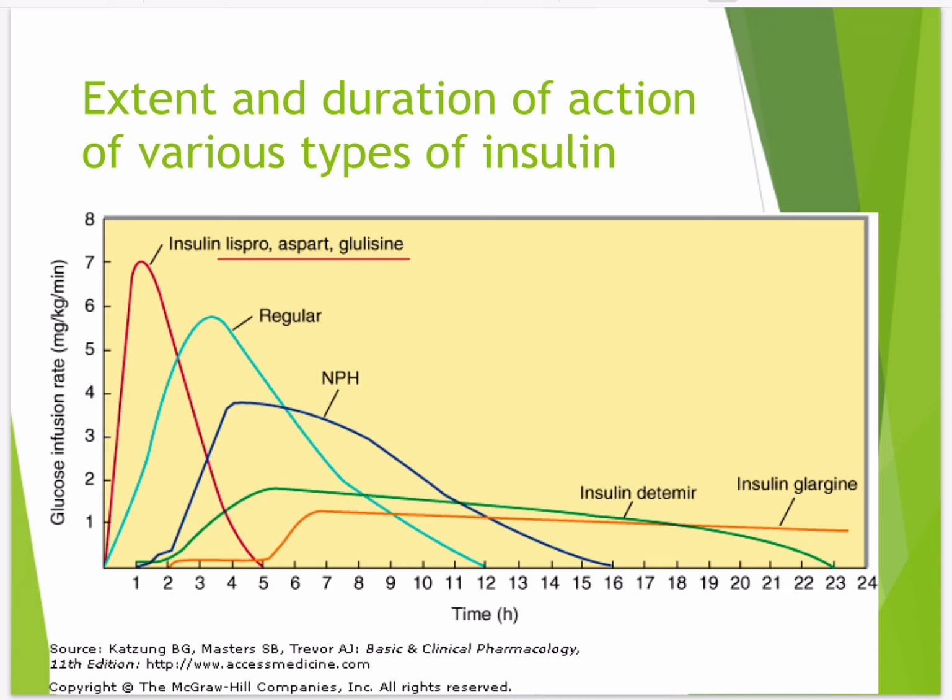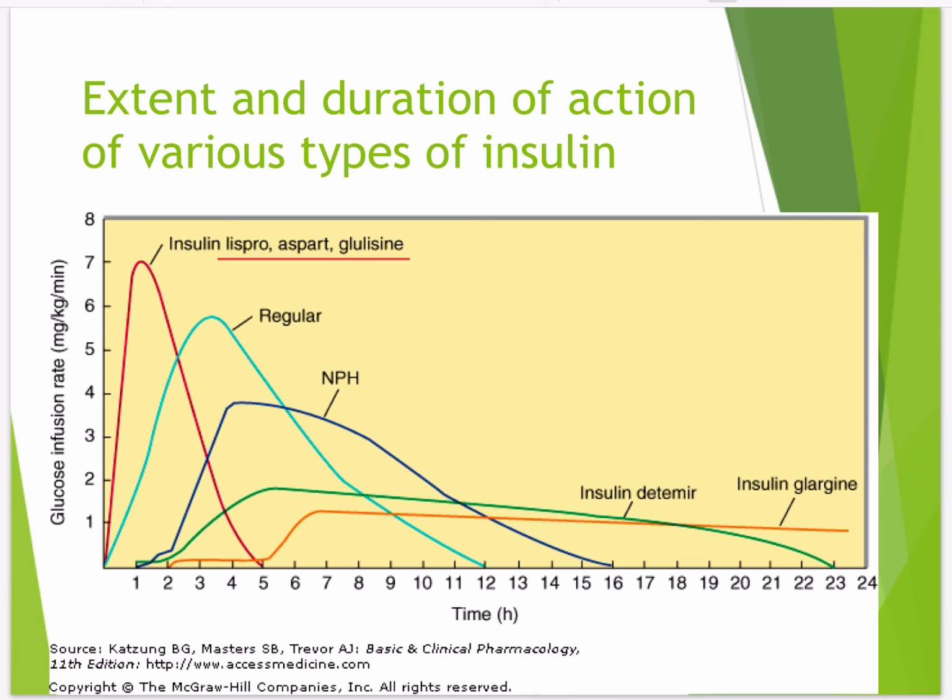Also, we have a long-acting insulin like glargine. It has a slow onset of action, usually achieving a maximum effect after 4 to 5 hours. This maximum activity is maintained for 11 to 24 hours, as we see, and it is used to provide reproducible and convenient background insulin replacement.